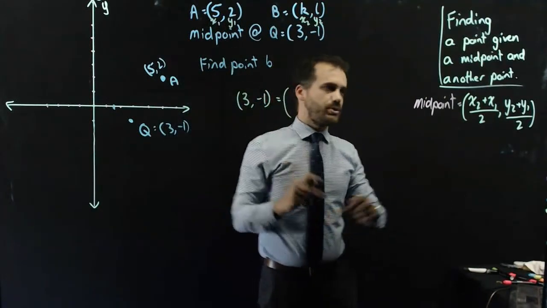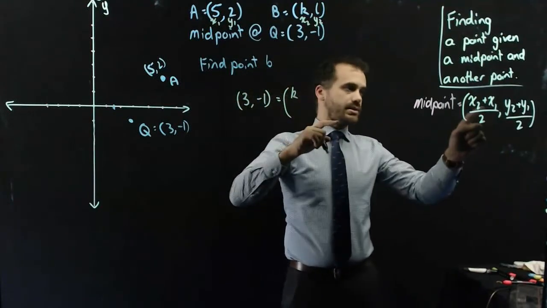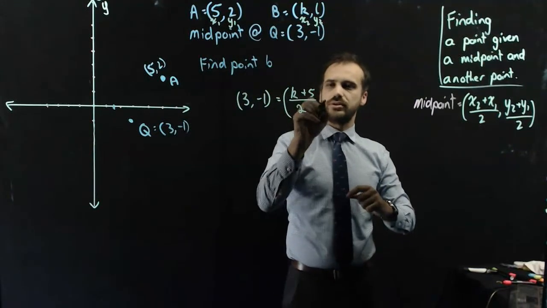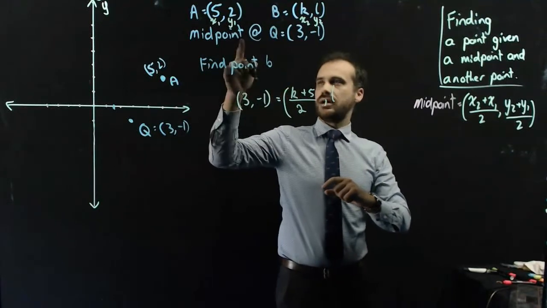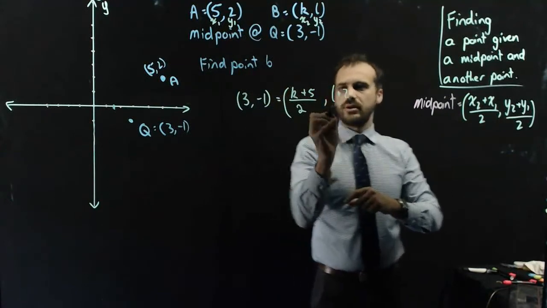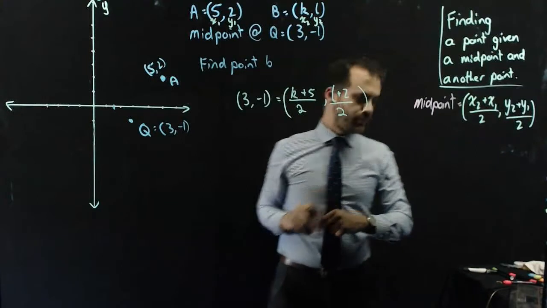Okay, let's put some stuff in our formula. x2 is k, plus x1 is 5, over 2, comma, y2 is L, plus y1 is 2, over 2. Just be careful that your L doesn't look like a 1.